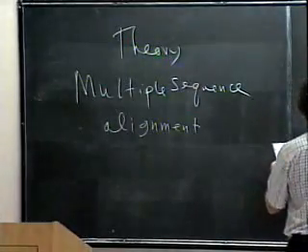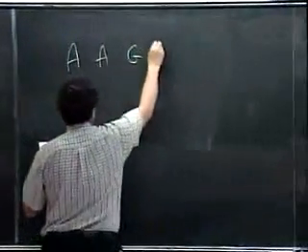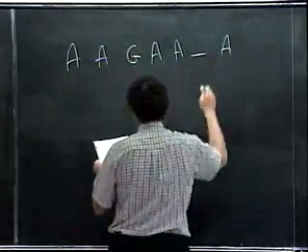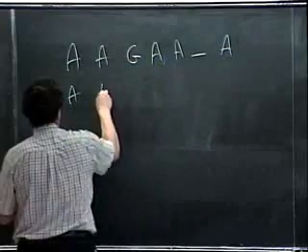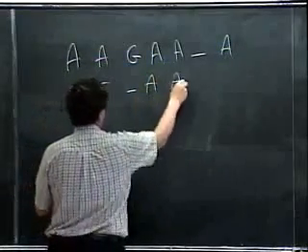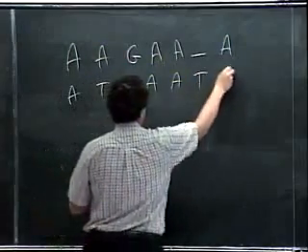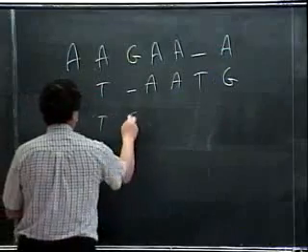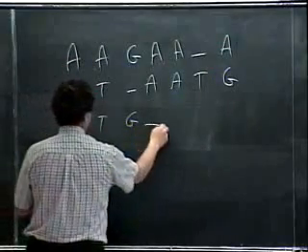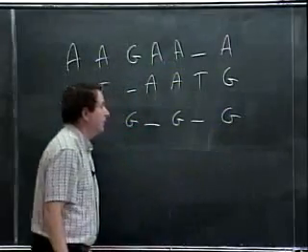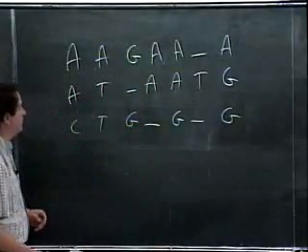Here's A, G, A space A, AT space, AA, TG, CT, G space G space G. Okay, so we had three sequences here.